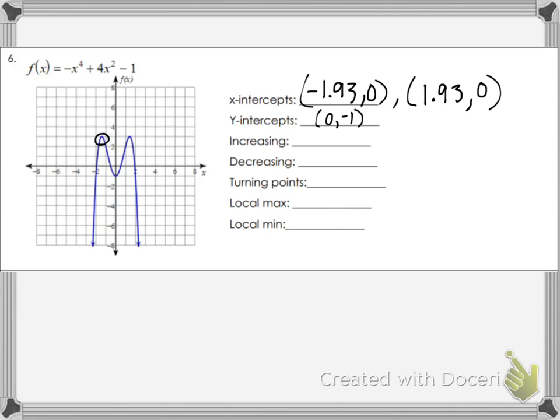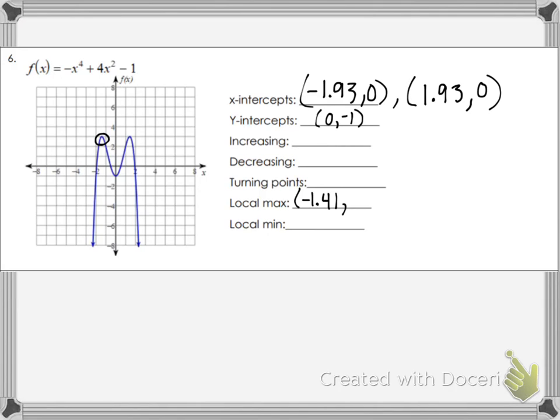What are we getting for this? Negative 1.48, comma 2.9. Negative 1.4 what? I'm getting negative 1.41. What was your y value?